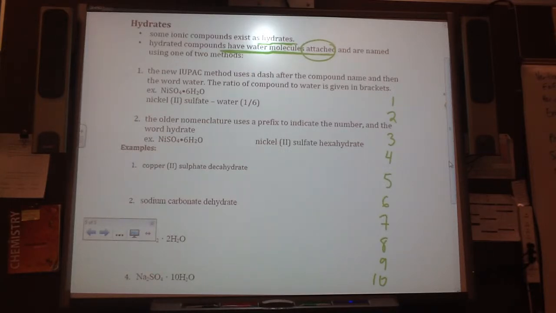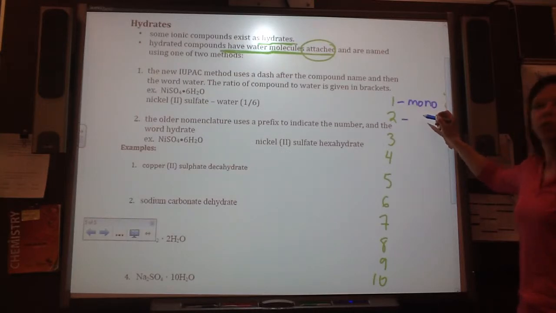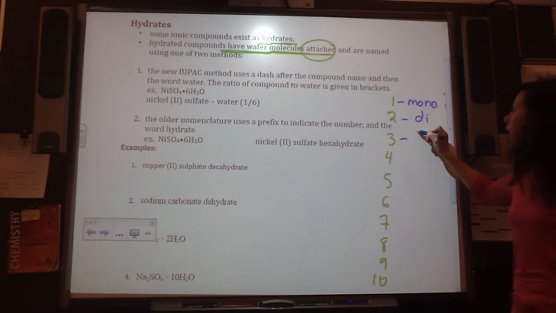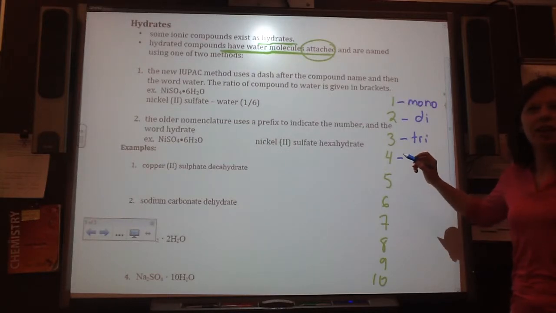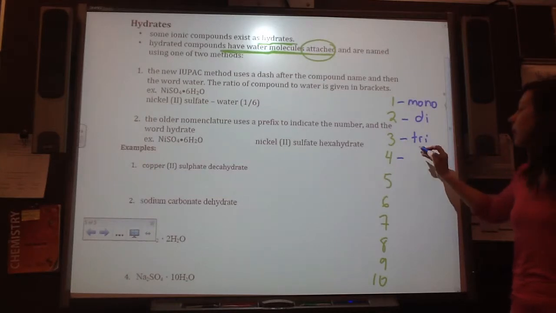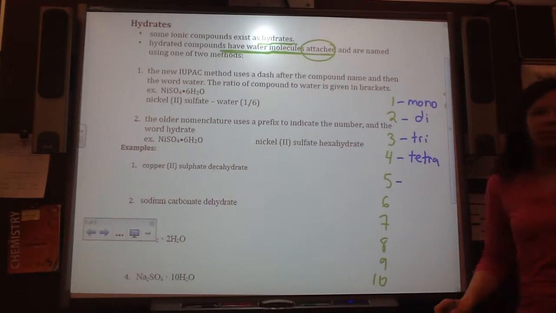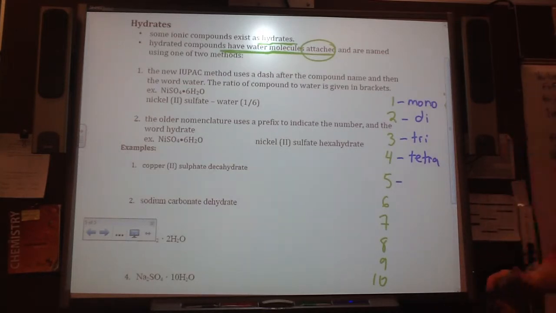Lots of you already know some of them. So number 1, mono. 2 is di. 3, tri. 4, quad? Well, quad means 4 as well, but in chemistry we use tetra. 5 is penta.